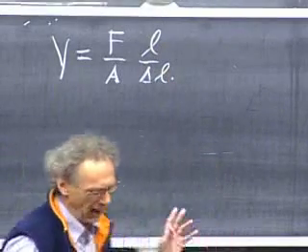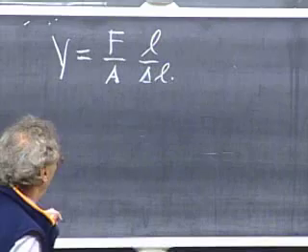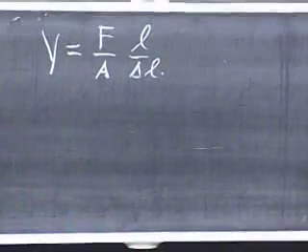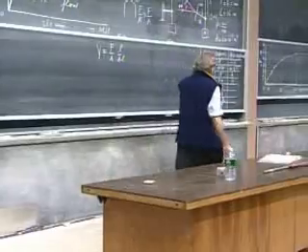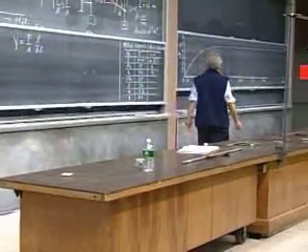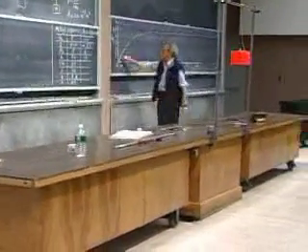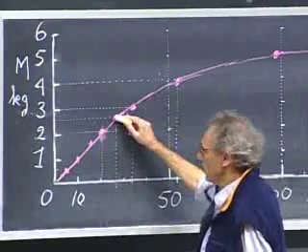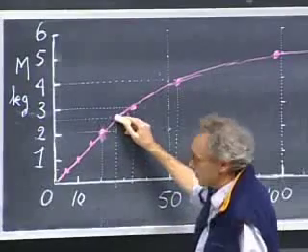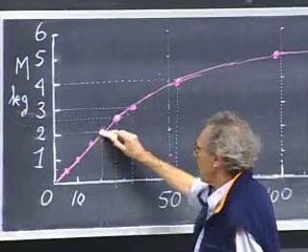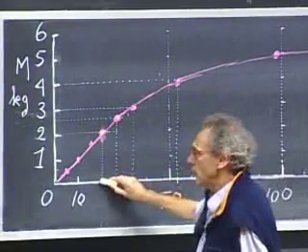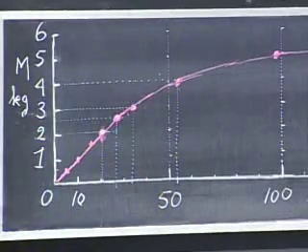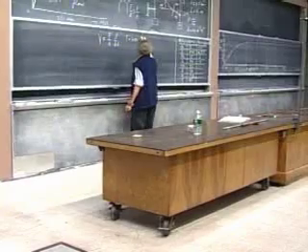We know what A is, we know what L is, still on the blackboard there. And so now it's a matter of where do we think that Hooke's law still holds. I think this whole portion would be fine. So we could take this point as well as this point, because anywhere on this straight line you'll get the same value for Young's modulus. So I will use 2 kilograms and 20 centimeters. I will use this point. So F equals 200 newtons.